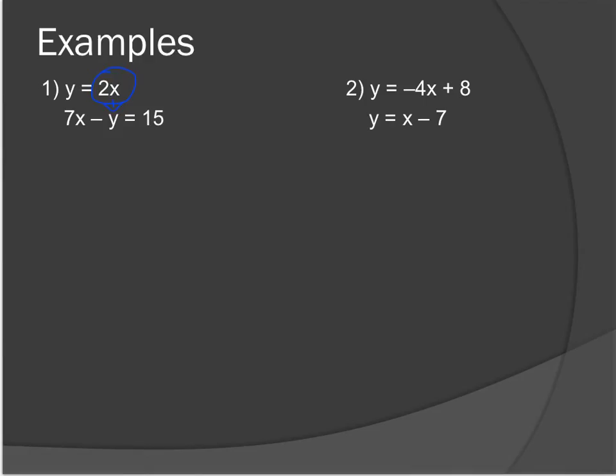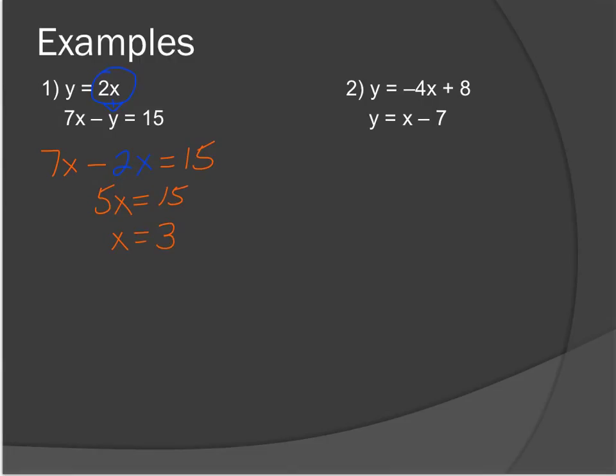So my second equation will now read 7x minus 2x equals 15. Now I have an equation with one variable I don't know. So if we combine like terms and divide by 5, I get x equals 3.